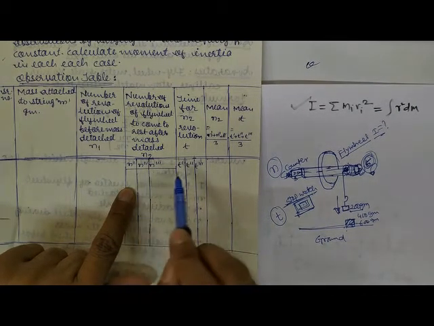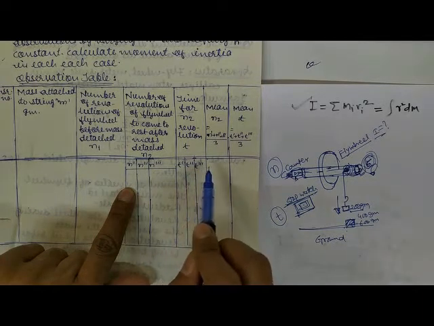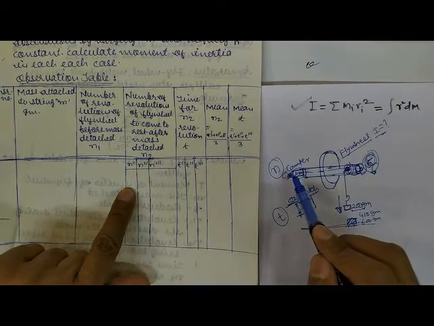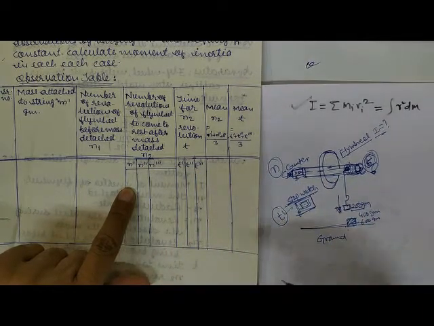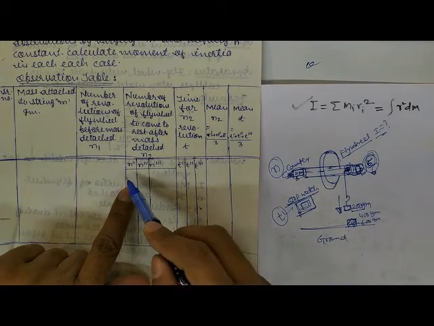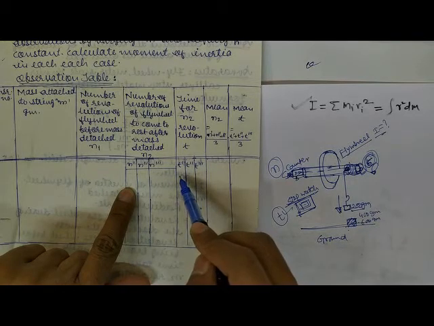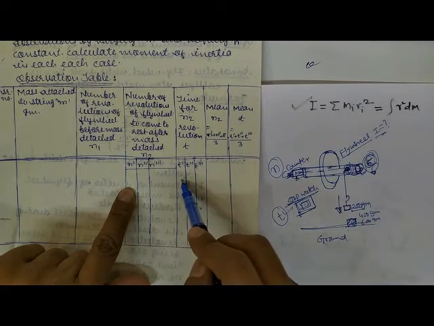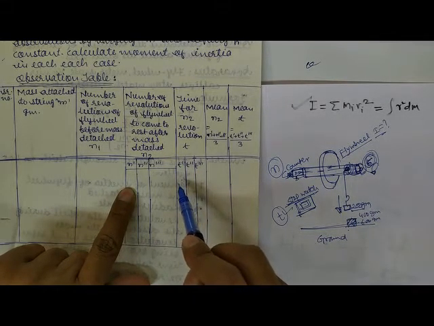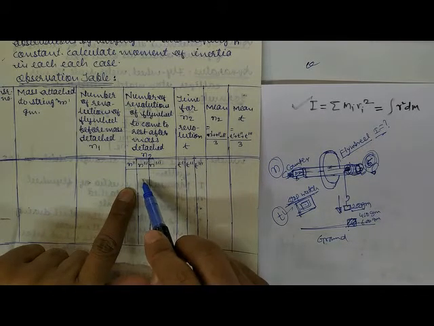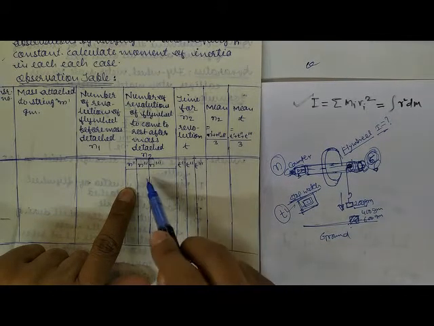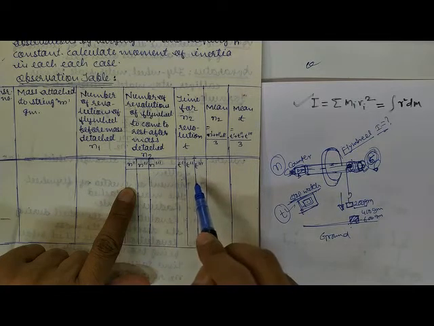And the corresponding times t prime, t double prime and t triple prime: the time from the stopwatch, meaning how much time the flywheel required to take these many revolutions, we will note down here. So n double prime has corresponding time t double prime, and n triple prime has corresponding time t triple prime.